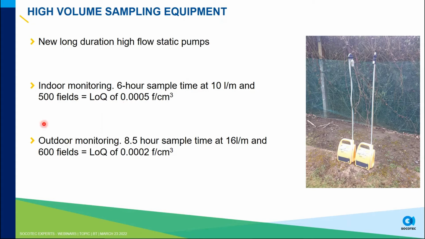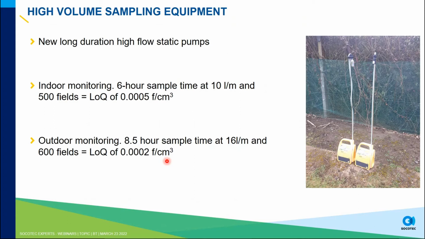And also when we're outside doing boundary monitoring, again, running the pumps for a longer duration, 8.5 hours at a higher volume, 16 litres a minute, and counting more fields, we're able to get a limit of quantification down to 302. So it is possible to undertake high volume sampling and achieve much lower limits of quantification compared to the standard clearance indicator test of 0.01.